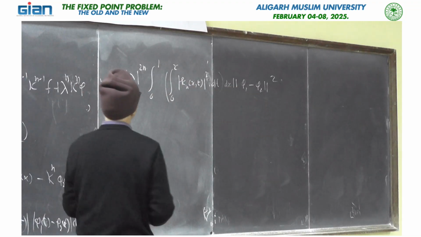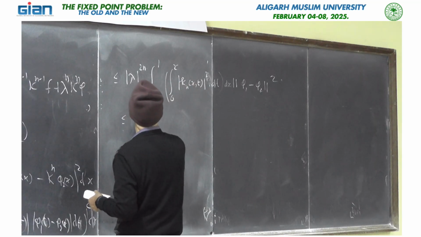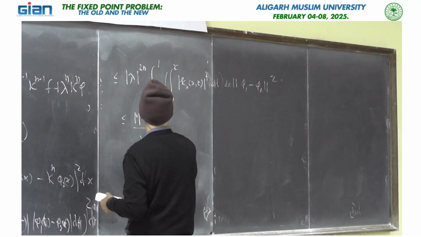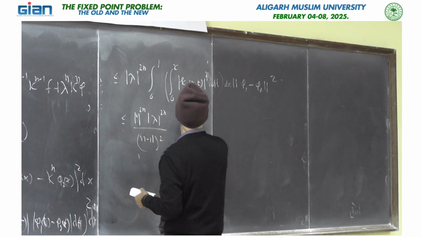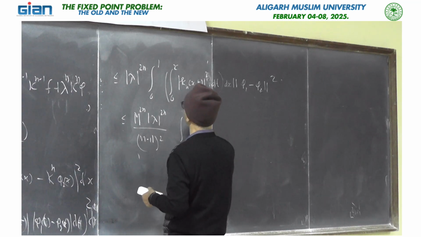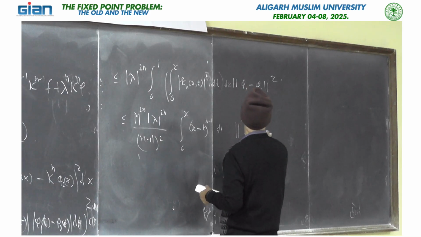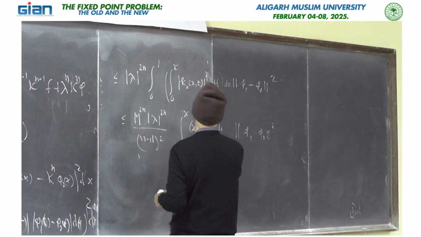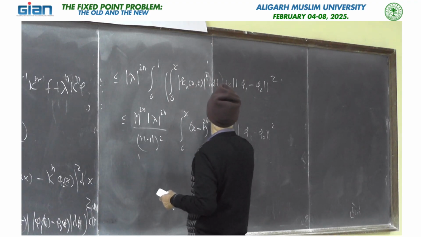Now, we had that estimate there. Putting that estimate here, you will have M^{2n} |lambda|^{2n}, and that (n minus 1) factorial squared you will get, and then you have 0 to x, (x minus t)^{2n minus 2} dt, and then norm of phi_1 minus phi_2 squared.